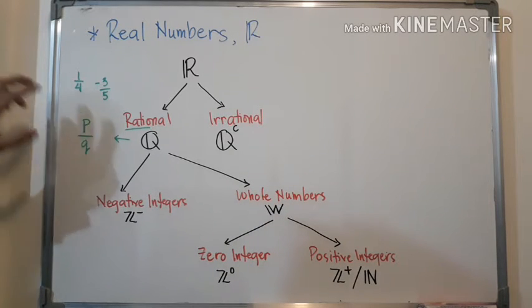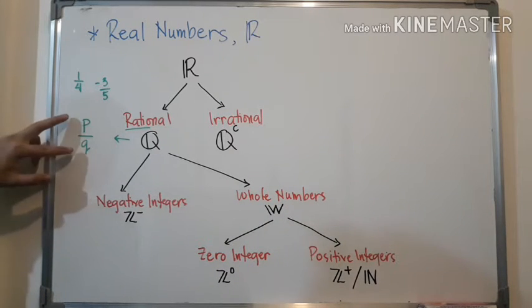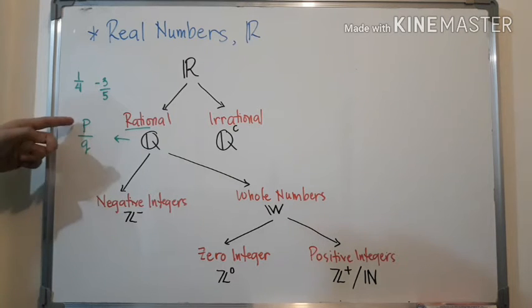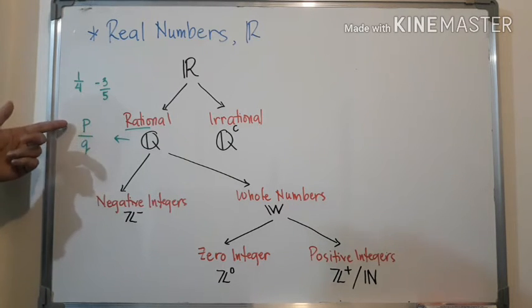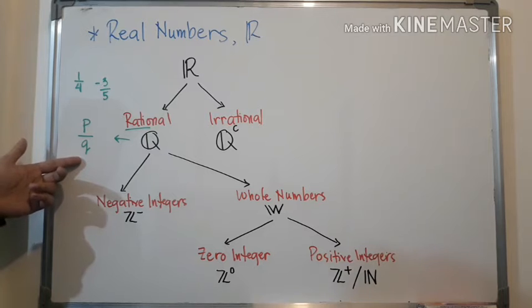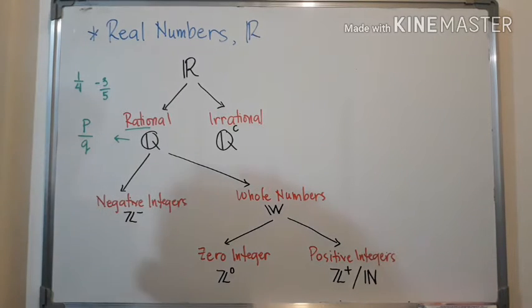So we also have real numbers that we cannot express as a ratio of this P to Q. Okay? So meaning we have real numbers that are irrational.